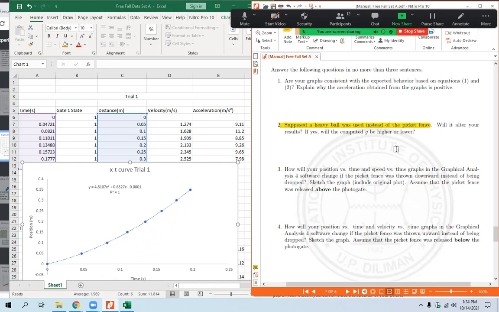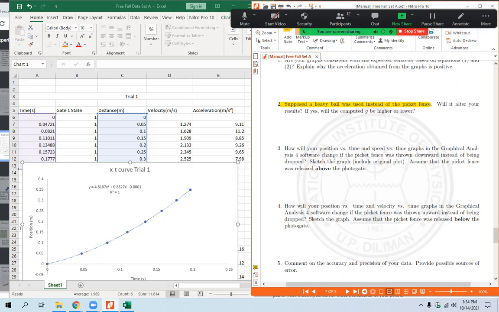So, ano mangyayari dyan? Anong difference ng free fall? Actually, you can use your lecture slides as Physics 71 to answer these questions. So ito, how does the kinematic equation change kung tinrow downward or upward yung object instead of just dropping it? How does that change your kinematic equations?